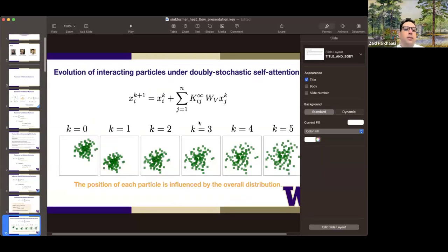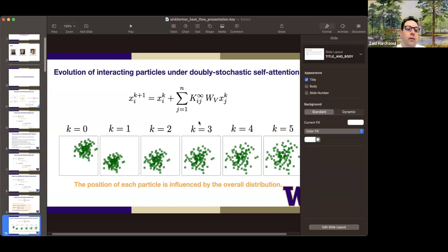And so one question is, you take a large transformer, right? Large here means there is a large number of layers, right? A large number of self-attention mechanisms that are plugged with each other, and we compose them, right? And we feed a set of particles as an input to the transformer.